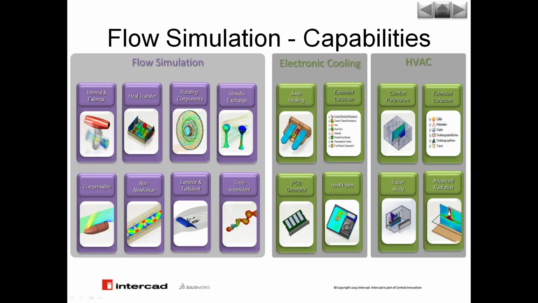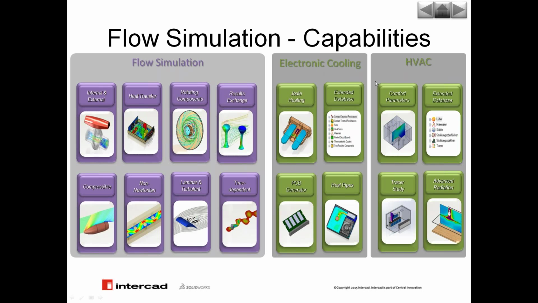Just as a wrap up, Flow Simulation is an add-in. Well, it can do multiple things such as internal and external flow, heat transfer, and any other application. Also, it could specifically go for electronic cooling modules and HVAC studies. Well, you're accessing a very large and huge database of materials in our flow simulation package.